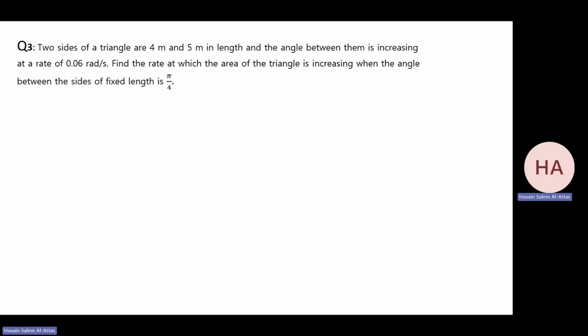Okay. Two sides of a triangle. In this, two sides of a triangle are 4 meter, 4 meter and 5 meter. Okay. So I have this is 4. This is 5. And there is an angle between them, theta. I know that the rate of change of the angle is 0.06.